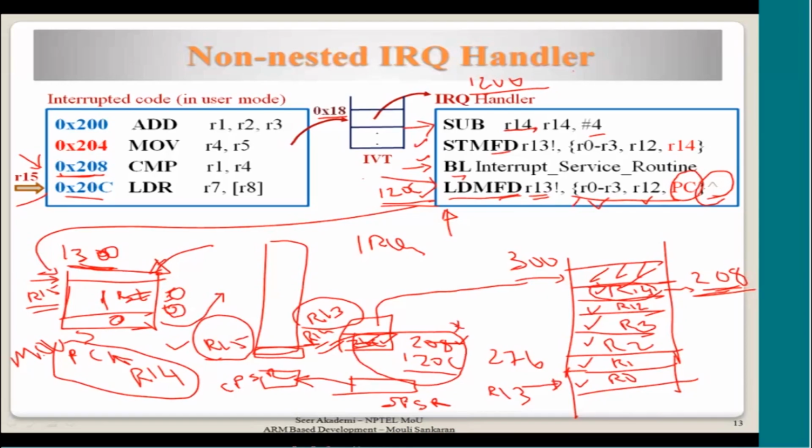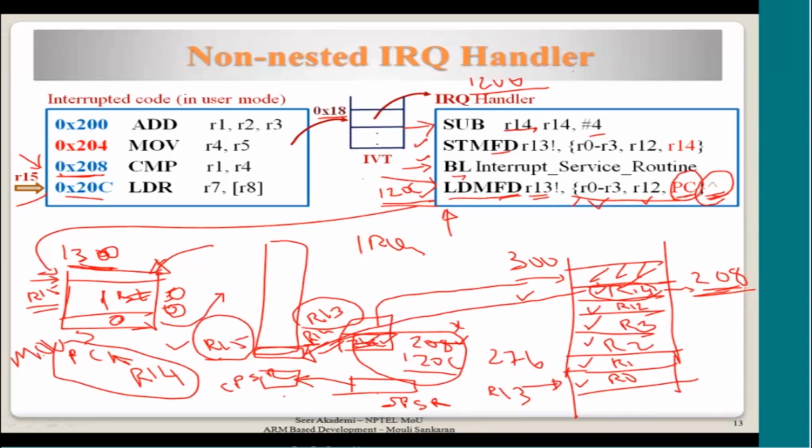This R14 is no longer having the old value. So it has to be taken from the stack only and then directly copied into R15. It was originally saved from R14 to the stack and then copied from the stack to R15. That is what is happening here by directly saying PC, and along with the PC, SPSR is also copied.